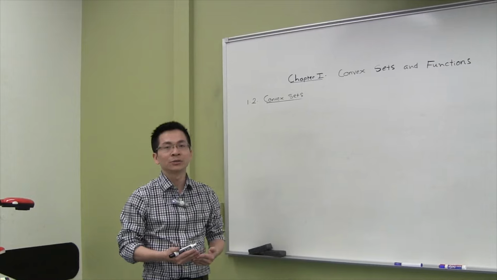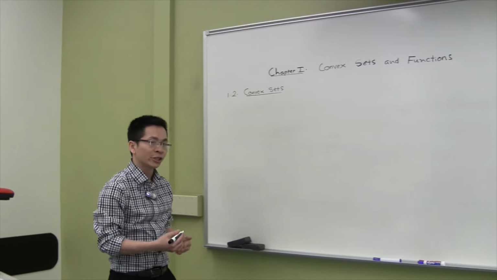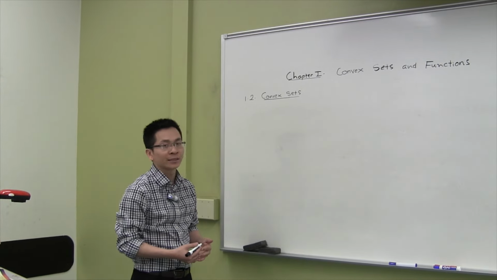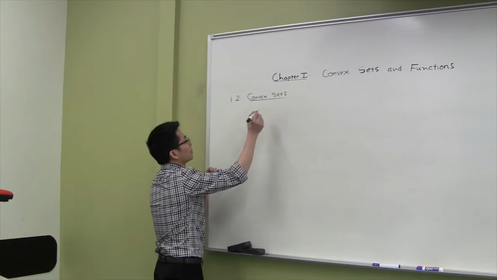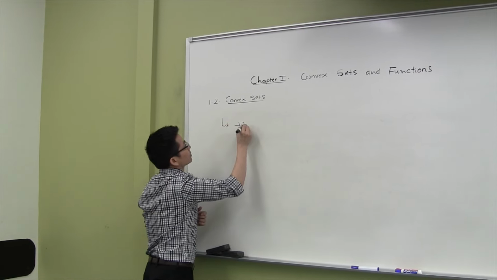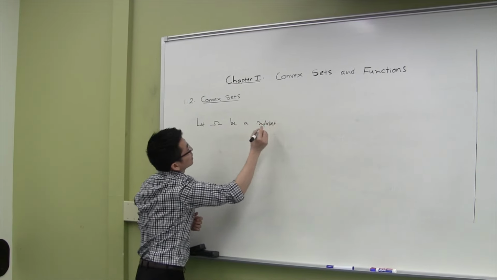Now I'm going to continue with some topological properties of convex sets. Recall the following important concepts of sets in Rn. Now, let omega be a subset of Rn.